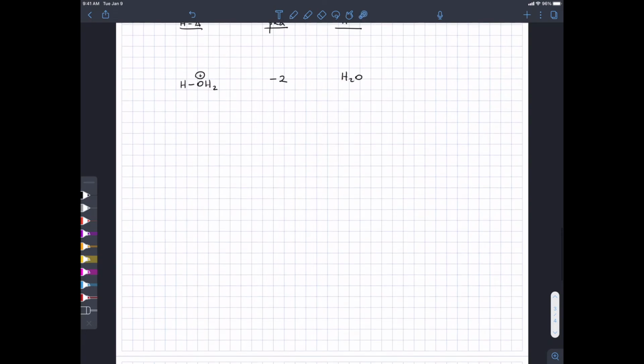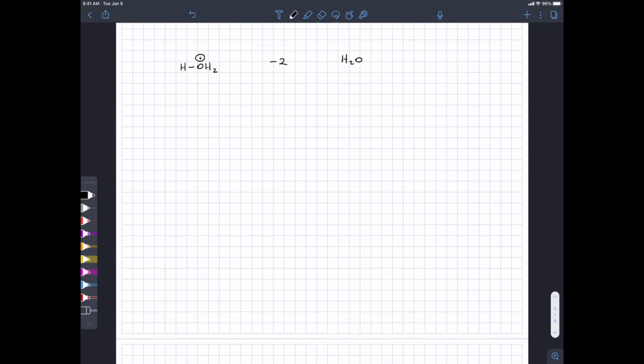Okay. Now, water is interesting because it is the conjugate base of an acid, but water itself is also an acid. I think in general chemistry you call these polyprotic acids. There's more than one proton to be removed here.